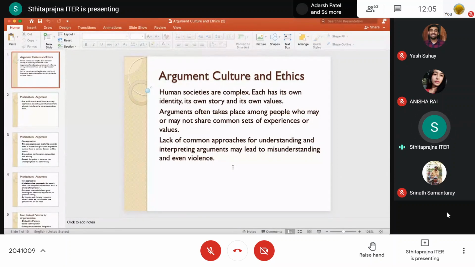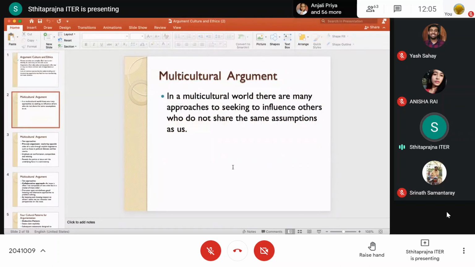When we are not coercing, not compelling or forcing people, and choosing argument to influence our audience, then we are trying to be more democratic, and we are also encouraging a dialogue because it's a two-way process. So, in a multicultural world, there are many approaches to seeking to influence others who do not share the same assumptions as us.